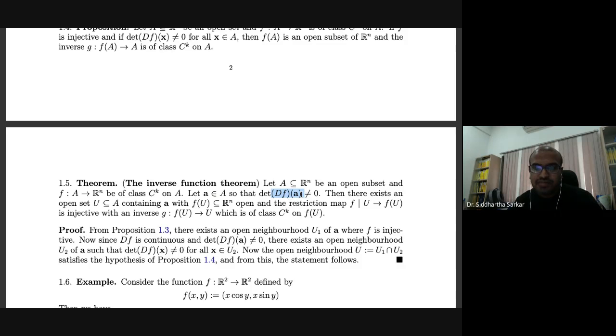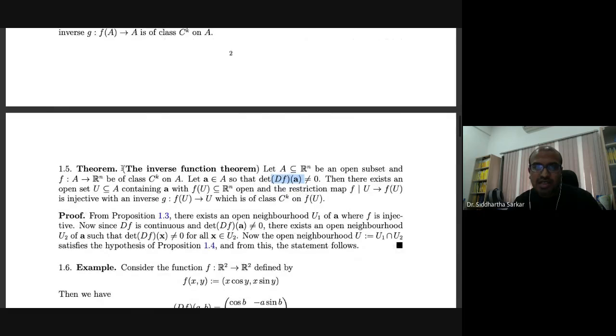The derivative of f at a is non-singular. Then I should be able to find an open neighborhood of that point where the function is invertible and its inverse is also of class Ck. Invertible in the sense that the function has to be injective in that neighborhood.